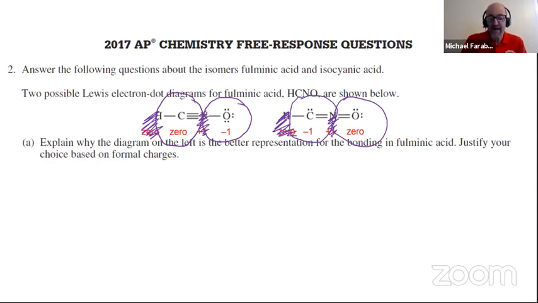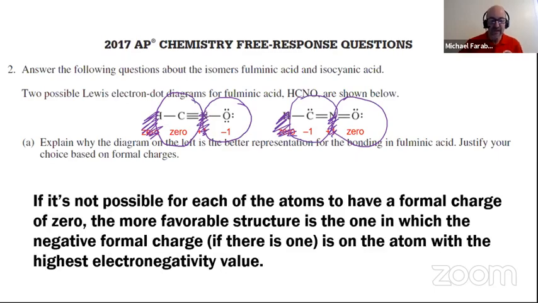Now, we are not asked to make a prediction about which structure is better. They already said that the diagram on the left is better. And I gave you a big hint in yesterday's lesson. What I said in terms of the guidelines for formal charge is that if it's not possible for each atom to have a formal charge of 0, the more favorable structure is one in which the negative formal charge, if there is one, is on the atom with the highest electronegativity value.